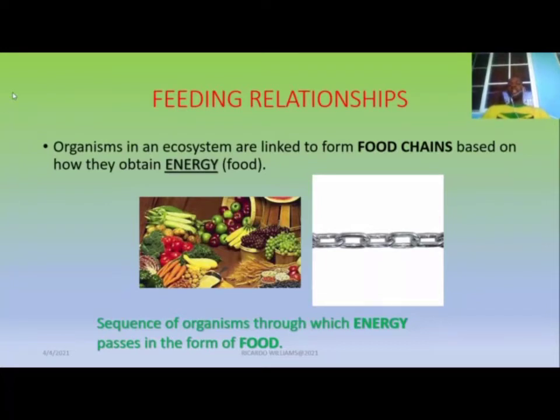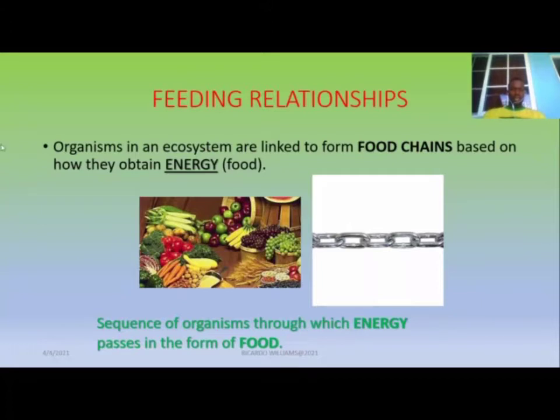Organisms in an ecosystem are linked to form food chains based on how they obtain their energy. And the energy that we're talking about here is food, right? So I want you now to take your pen and your notepad, and make sure you write down these definitions as we go through. The first one we're going to write down is the definition for a food chain.